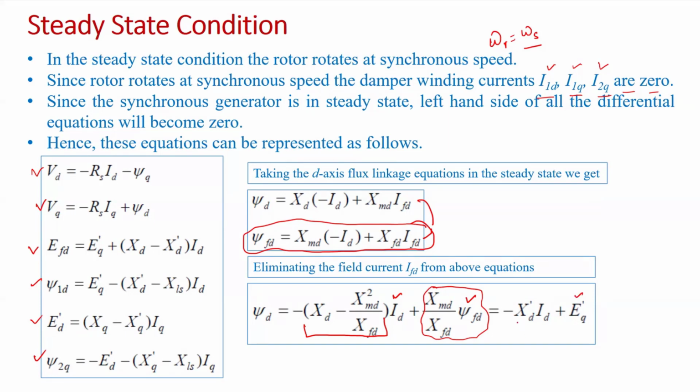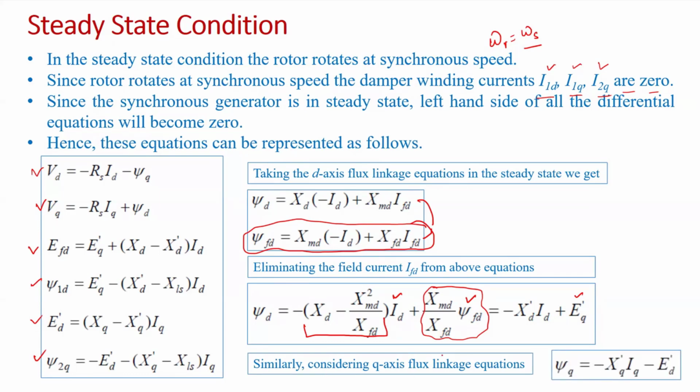So I can put it as minus XD dash ID plus EQ dash, right? Similarly, if we consider the q-axis flux linkage equations, we can get psi Q equal to minus XQ dash IQ plus ED dash, right?